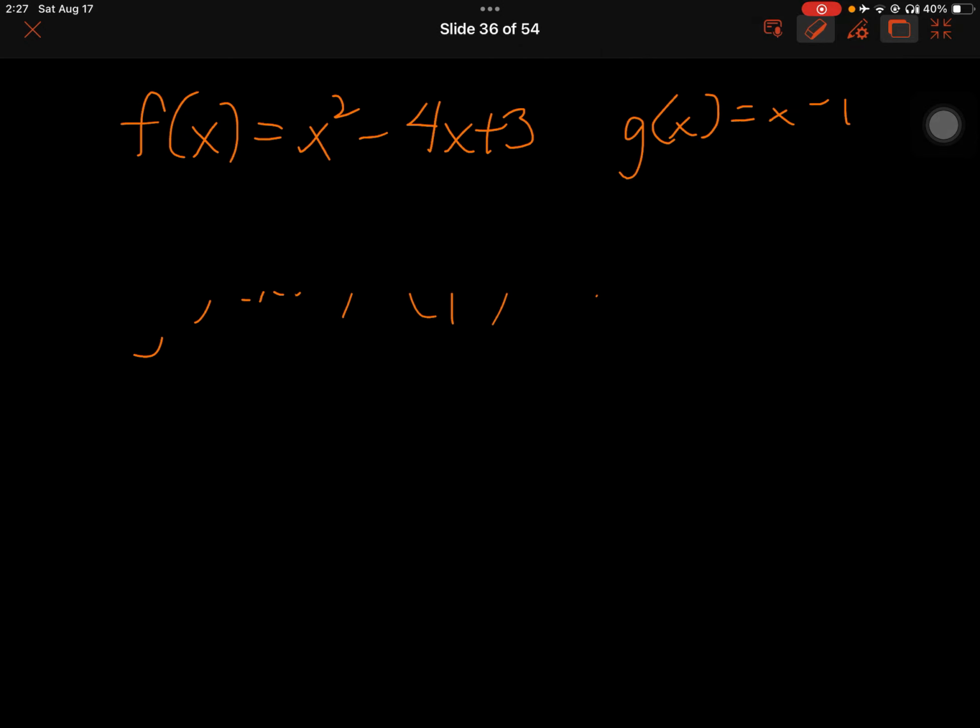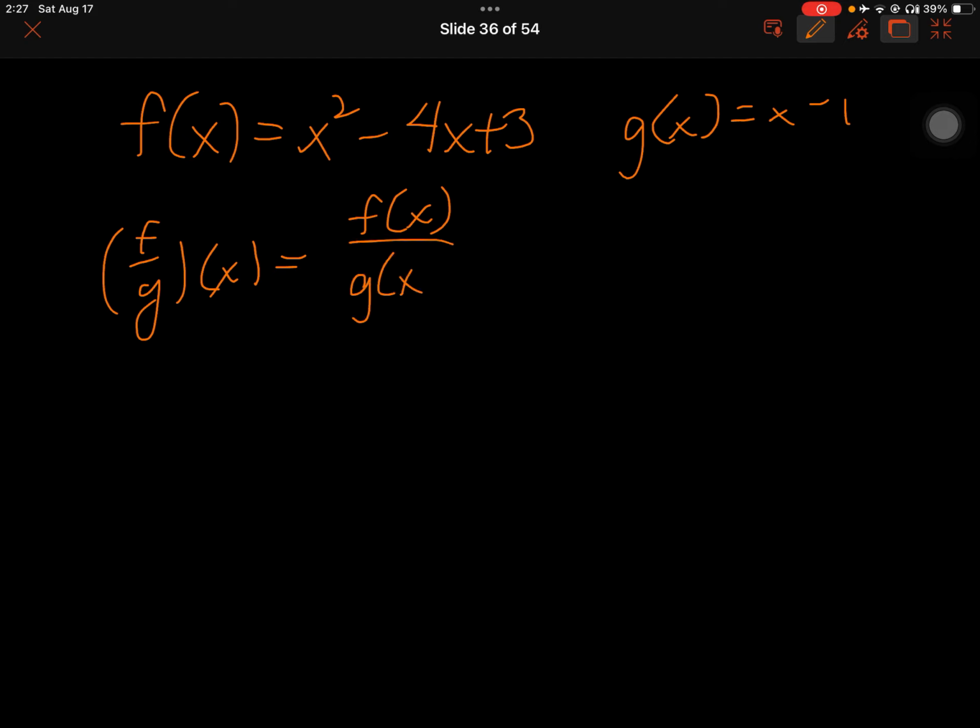So let's try getting the f over g of x. So this is equal to f of x over g of x, which is also equal to, when we substitute it, x squared minus 4x plus 3 all over x minus 1.